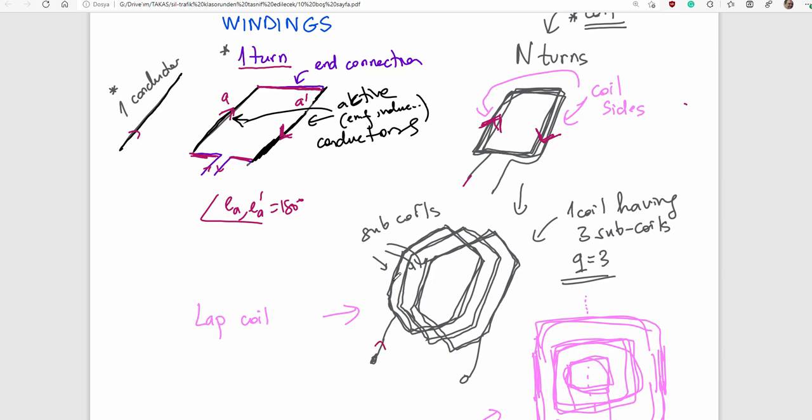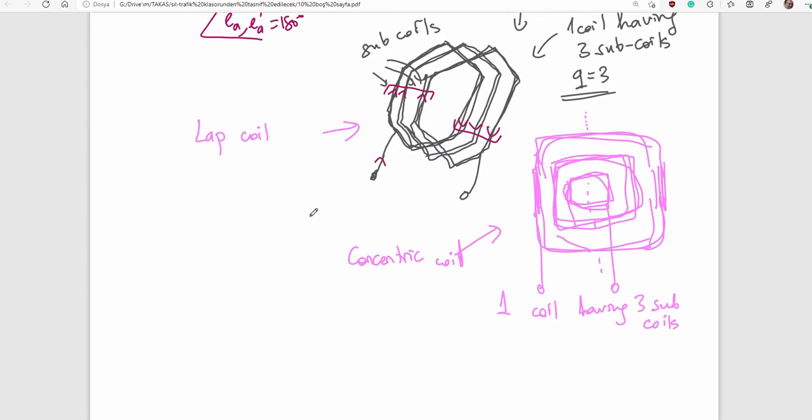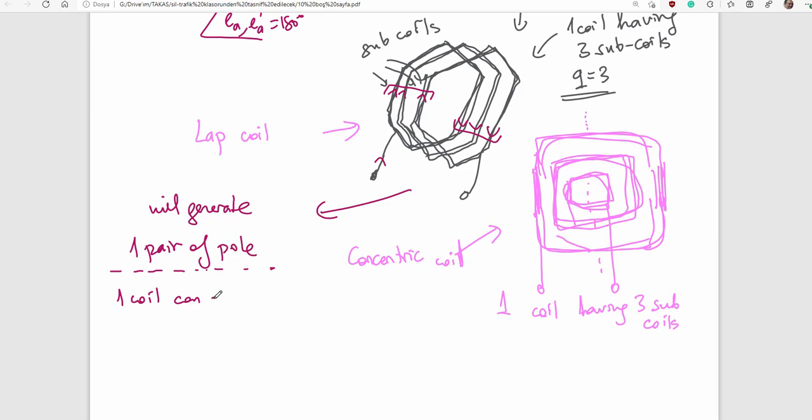Here is another case. Here are current groups. As you see, current groups. Again, here are 2 current groups. That means such a machine or such a coil will generate one pair of poles. Briefly, one coil can generate one pair of poles.